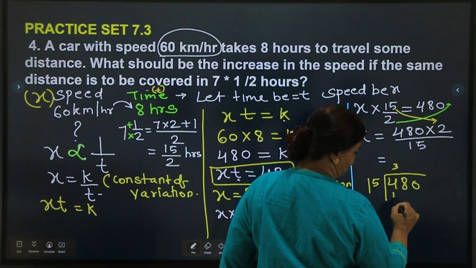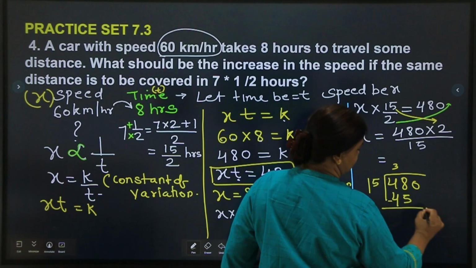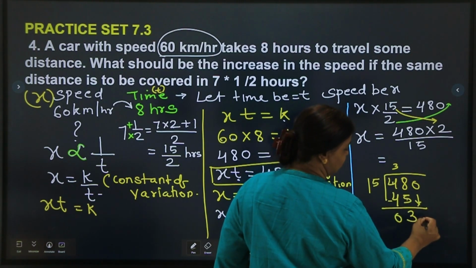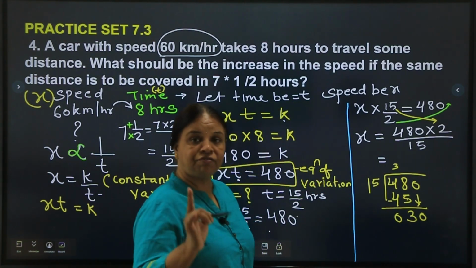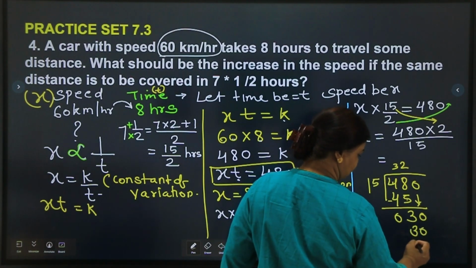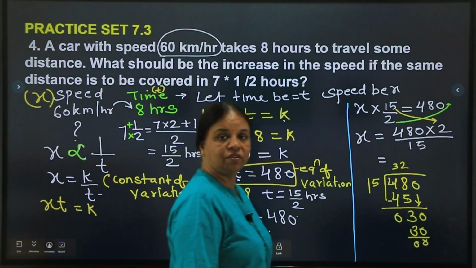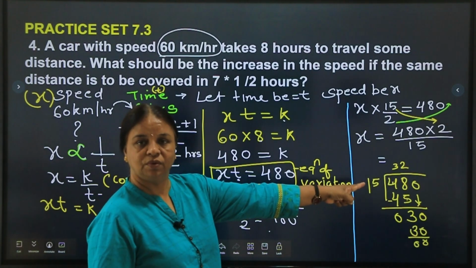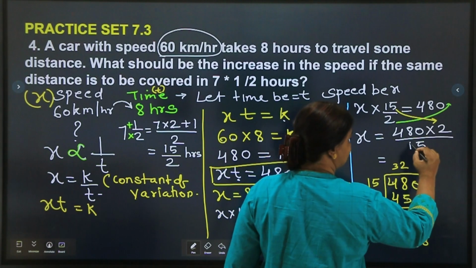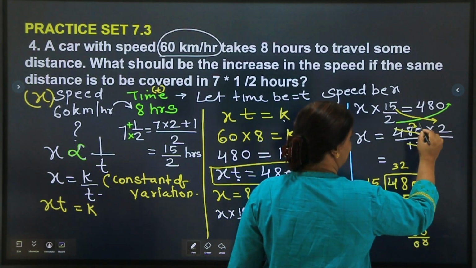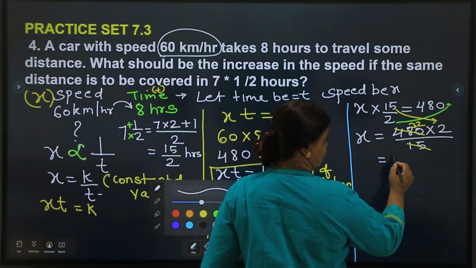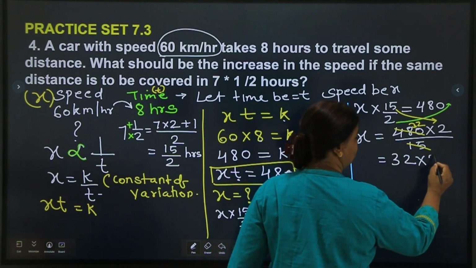15 3s are 45. 48 minus 45 is 3. 4 minus 4 is 0. This 0 comes down. This is 30. 15 2s are 30. So we got 32. So when 480 is divided by 15, we are getting 32. Now 32 into 2.